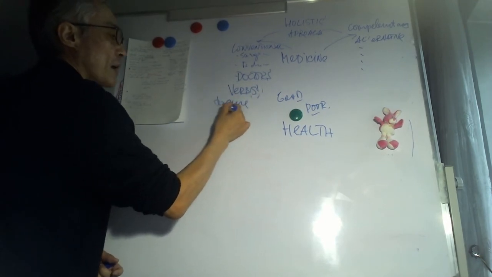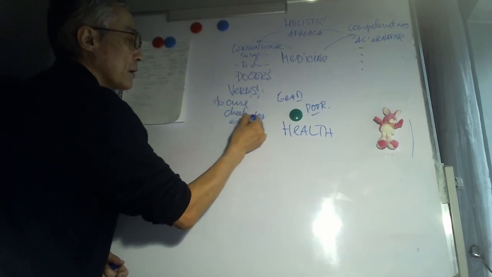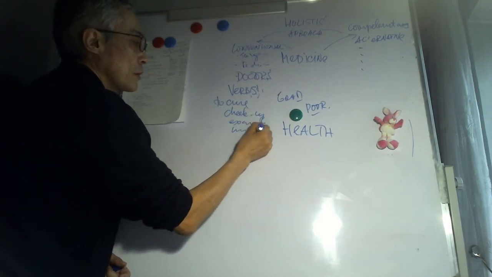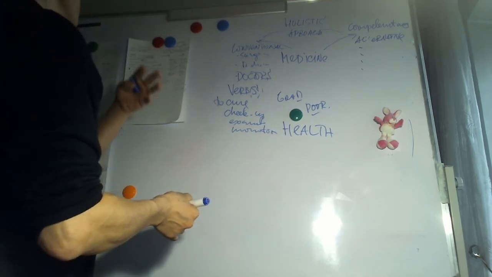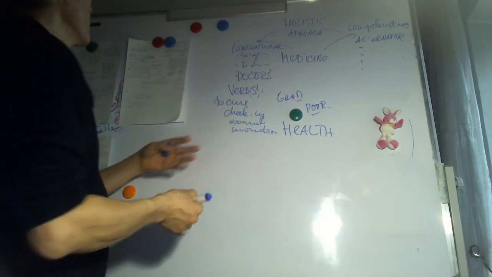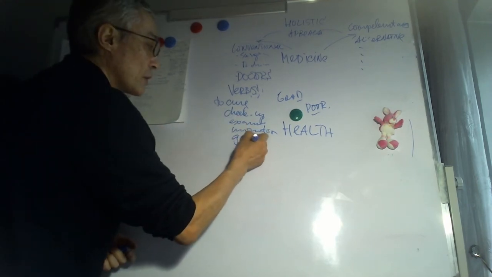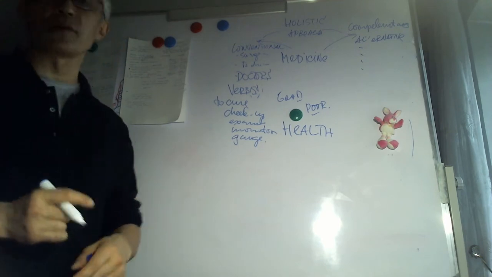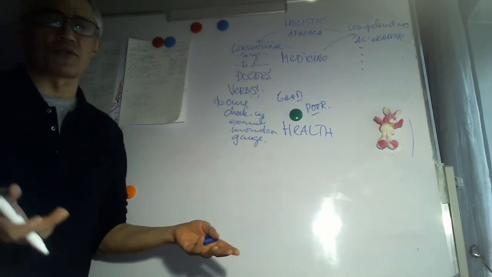They check up, they examine, they monitor, they analyze, they prescribe. That's why you have prescription. They gauge, for example. It's high-end vocabulary. Also, instead of saying measure, you gauge temperature, blood pressure, level of sugar, and so on.